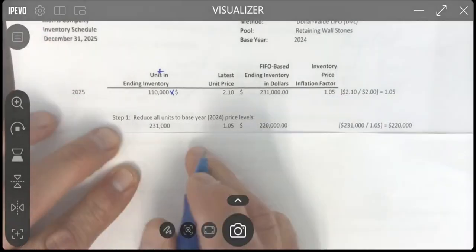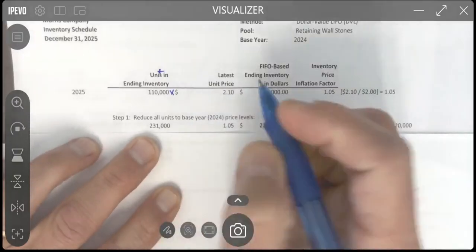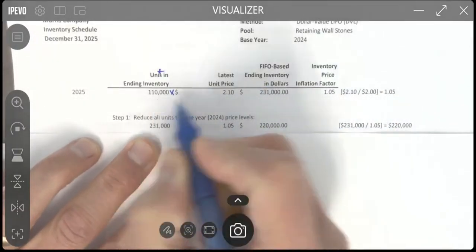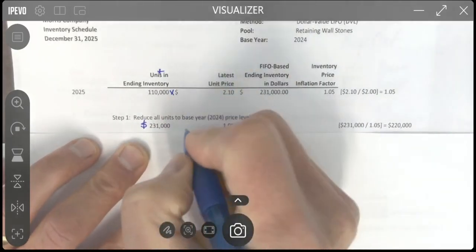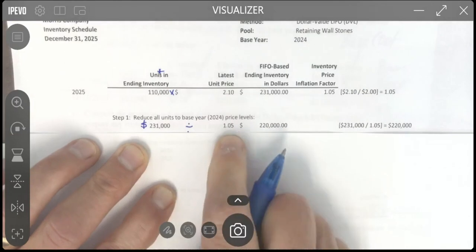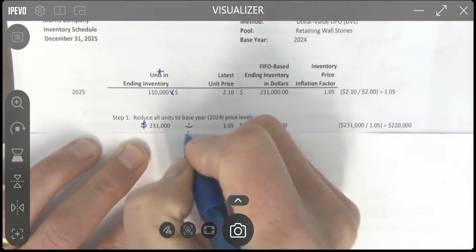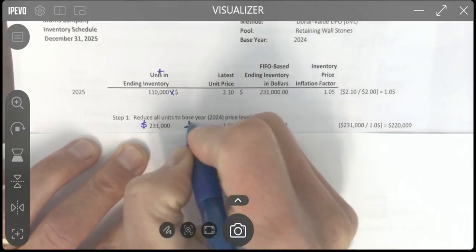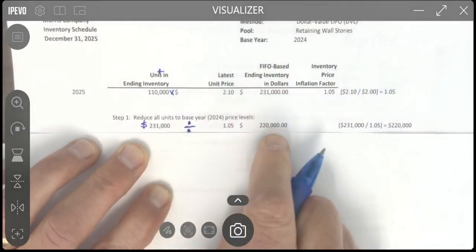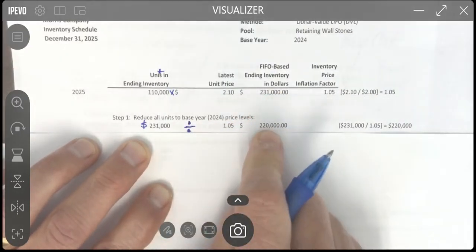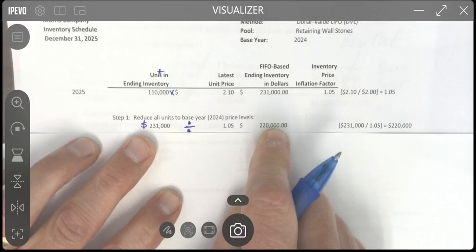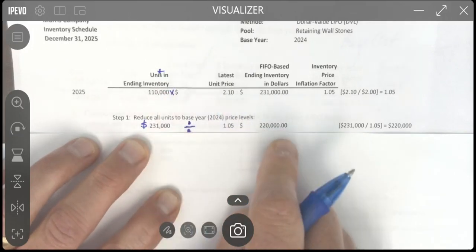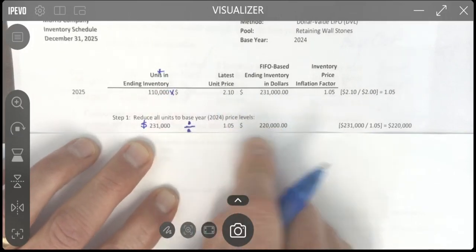So that is 110,000 times 210, which is 231,000, divided by 1.05, and now we have successfully deflated the 231,000 to as if the price for each brick was still $2 a stone. 110,000 times 2, dividing by 1.05.